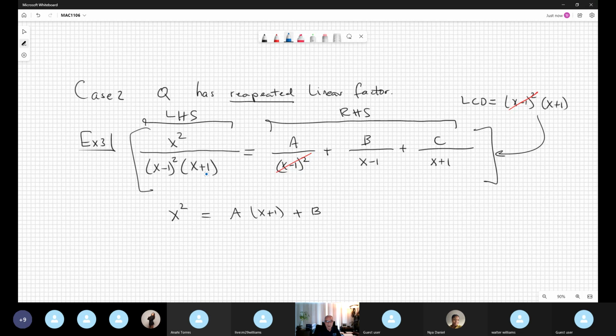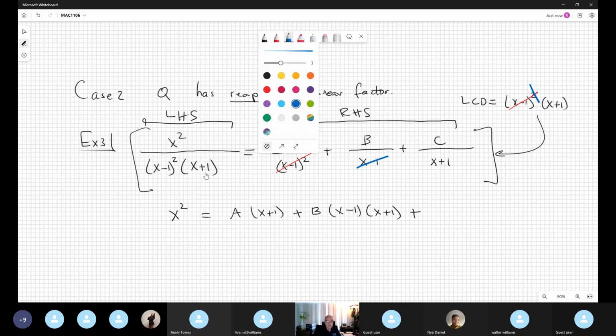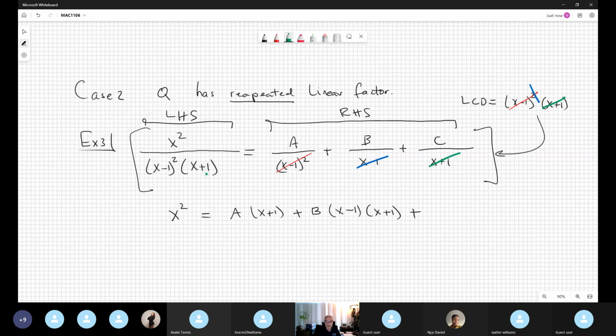In the second, you eliminate x minus 1 one time, and stay a times x minus 1, because you have 2 in the LCD, and x plus 1. Plus, in the last one, let me use another color, maybe green, you eliminate this and this, and stay alive only c times x minus 1 squared.